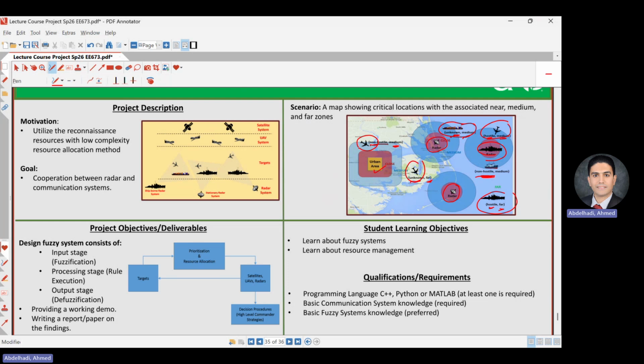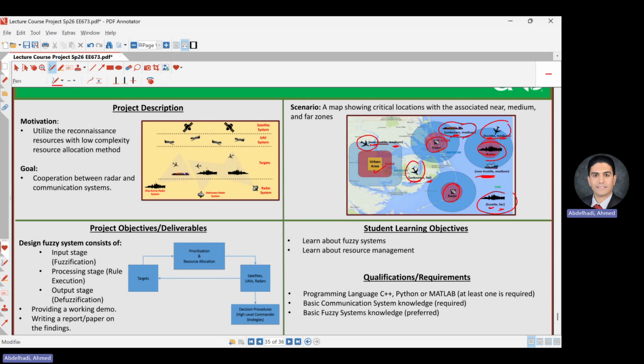And then based on that, you define some rules. If it is nearby and it is hostile, for example, try to engage or try to track. And then after that, you get an output, which is the decision you're going to make. These are the three stages of the fuzzy system.